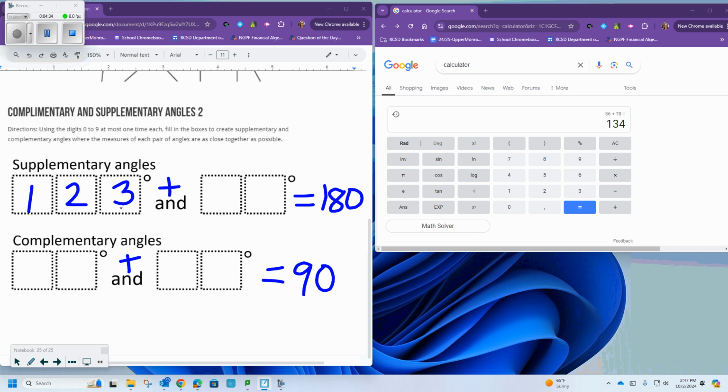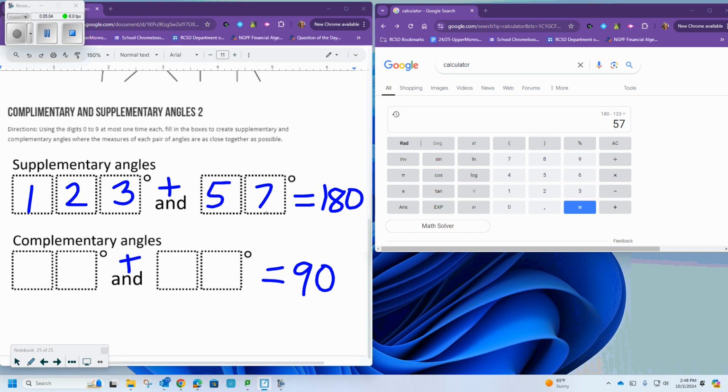Okay, if I have 123 and I want these two to add up to 180, I have to do a little bit of math. Okay, so this is where you'll want your calculator. Notice I pulled this one up over here. So if the sum has to be 180 and I already have 123, I'm going to subtract, and I get 57. All right, so I could put 57 in here.